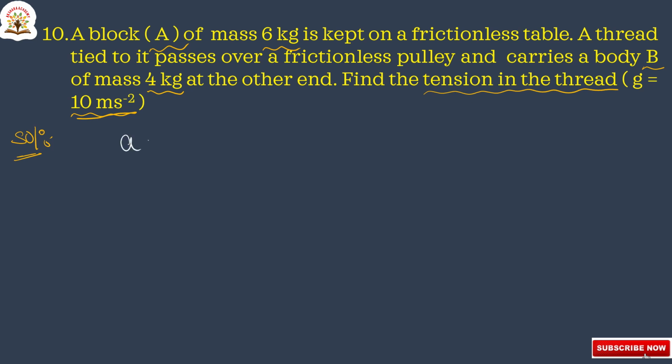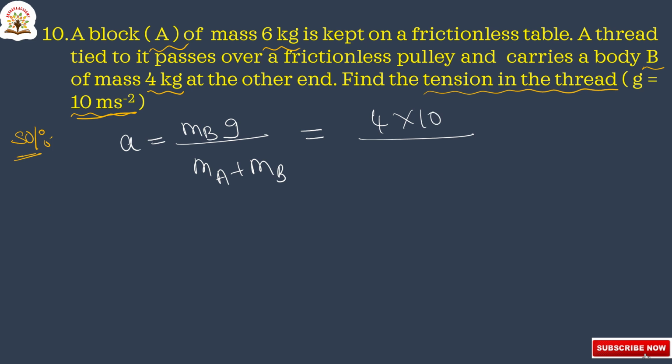Now first acceleration A is equals to mb, that is the mass of body B, g by ma plus mb. So that is equals to, they given the value 6 kilogram and here 4 kilogram. Substituting values, 4 into 10 by 6 plus 4. So A is equals to 40 by 6 plus 4, that is 40 by 10.